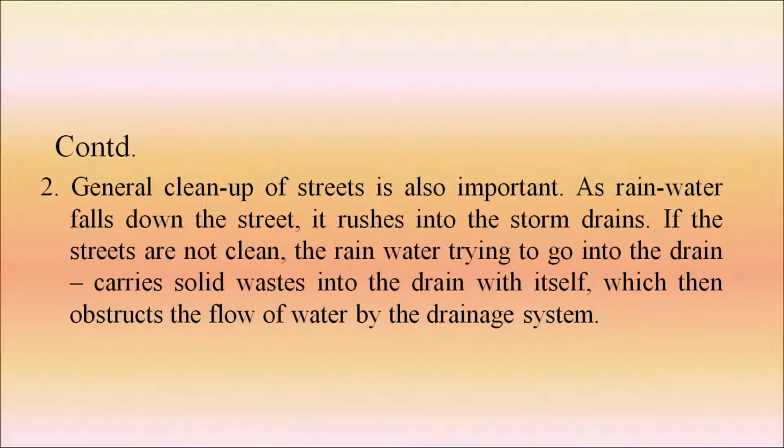General cleanup of streets is also important, as when rainwater falls down the street, it rushes into the storm drains. If the streets are not clean, the rainwater trying to get into the drain carries solid waste into the drain with itself, which then obstructs the flow of water by the drainage system.